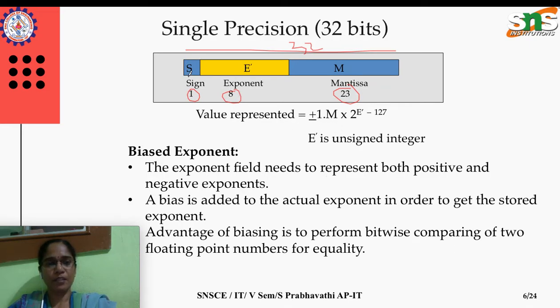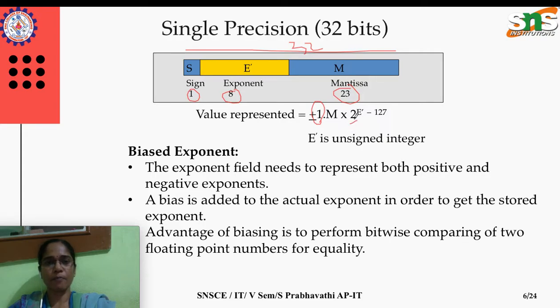How the values are interpreted is like this. The sign bit is either positive or negative, so this symbol, plus or minus, is given here. In implicit normalized form it is always 1 dot the mantissa part, into 2 power, because it is a binary system with base 2.